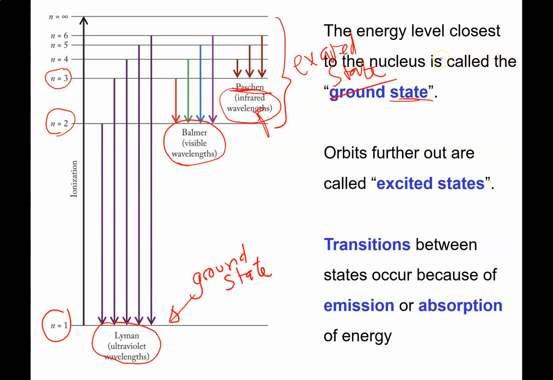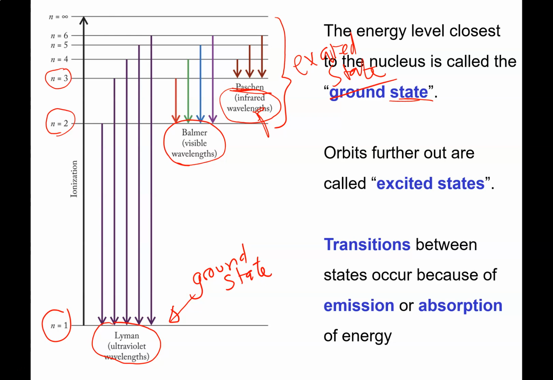That sometimes causes a little bit of confusion because the n equals 2 level is the first excited state, the n equals 3 level is the second excited state, and so on. So you have to be a little bit careful when they start using the terminology associated with excited states.